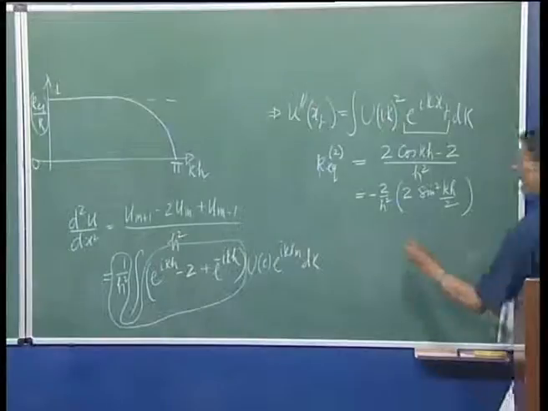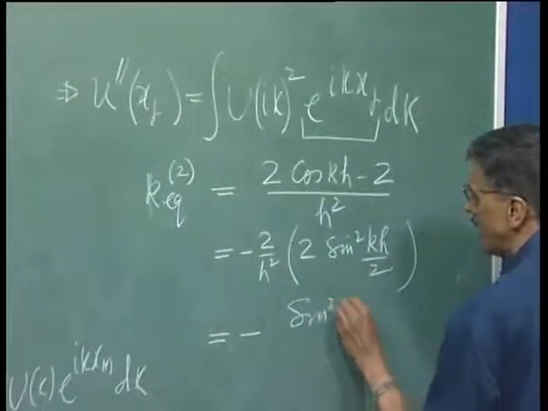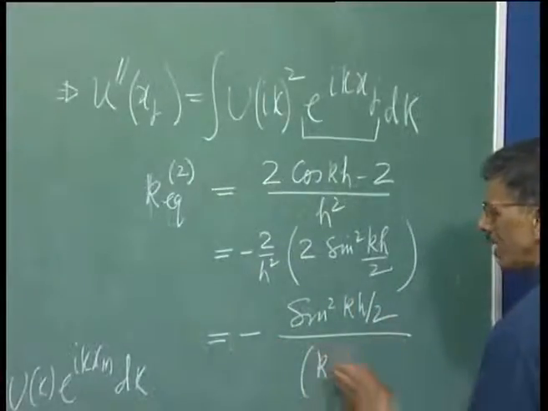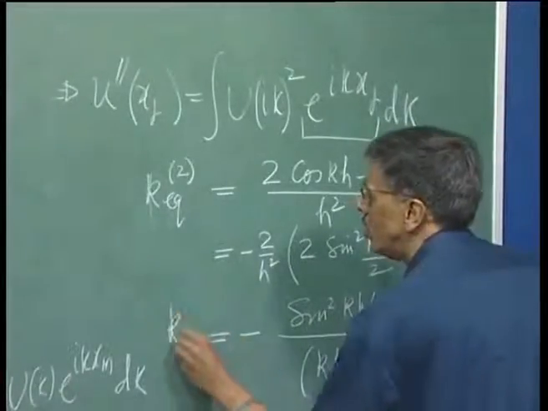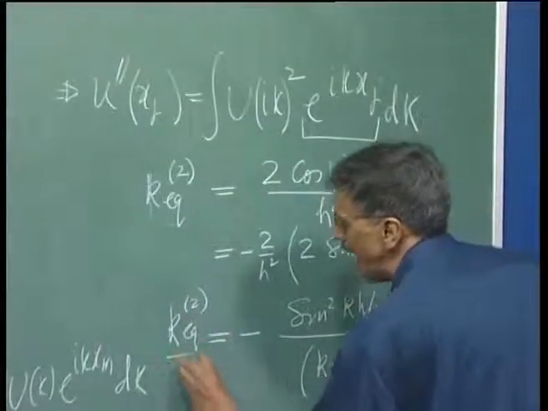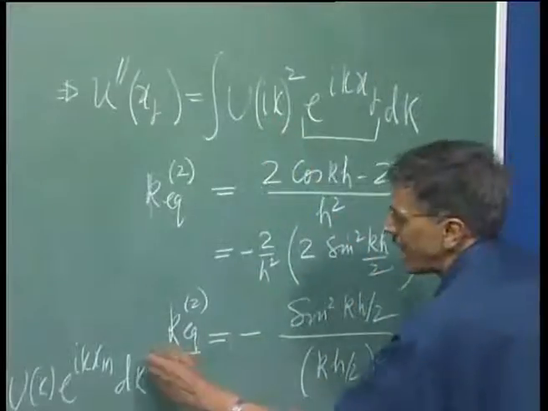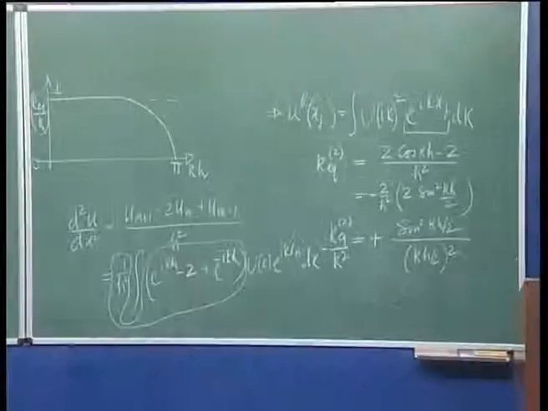1 minus cos k h is, right. So, what I am going to get is nothing but sin square k h by 2 divided by k h by 2 whole square. If I decide to divide this by k square, and I would do it because there is a minus sign here, I will put a minus sign here and make this plus.